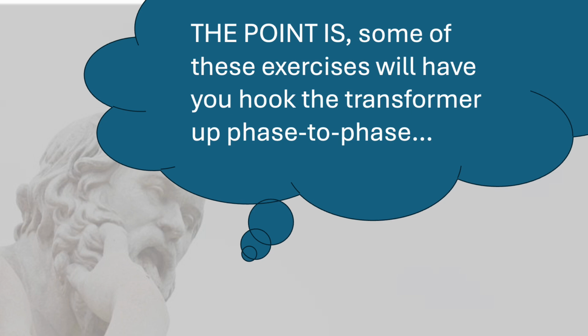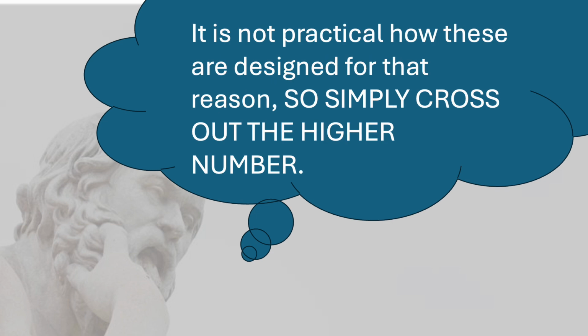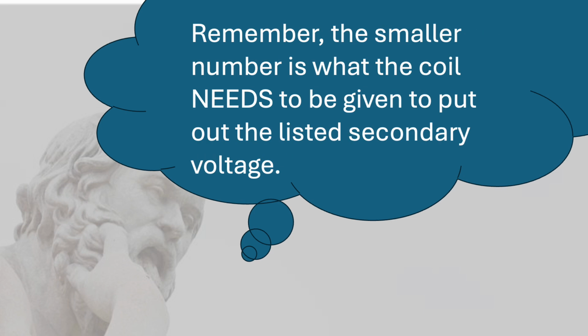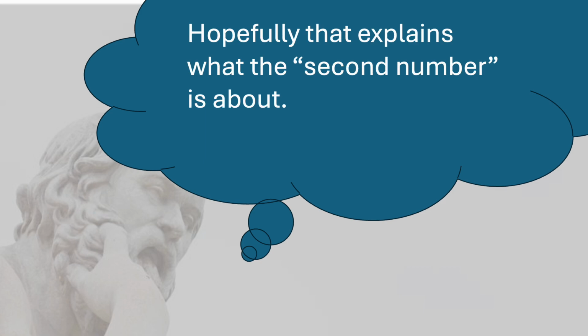The point is, some of these exercises will have you hook the transformer up phase to phase, and the second number will have nothing to do with the exercise. It's not practical how these are designed for that reason, so simply cross out the higher number. Remember, the smaller number is what the coil needs to be given to put out the listed secondary voltage. Hopefully that explains what the second number is about.